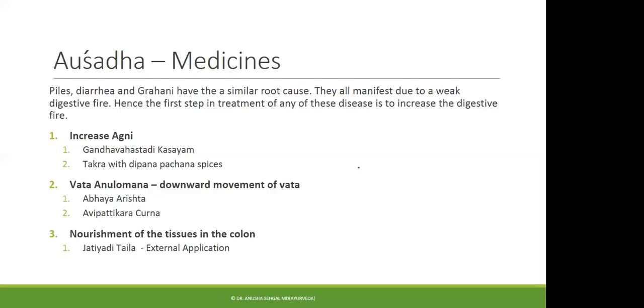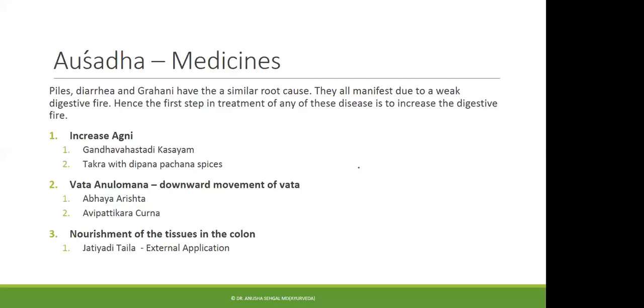Okay, so an example of this that really helps is Jatyadi Tela for external application, either application on the anus, or we can use medicated tampons or medicated cotton wicks. It's basically a cotton that's dipped into the oil, and the person can insert it like a suppository.